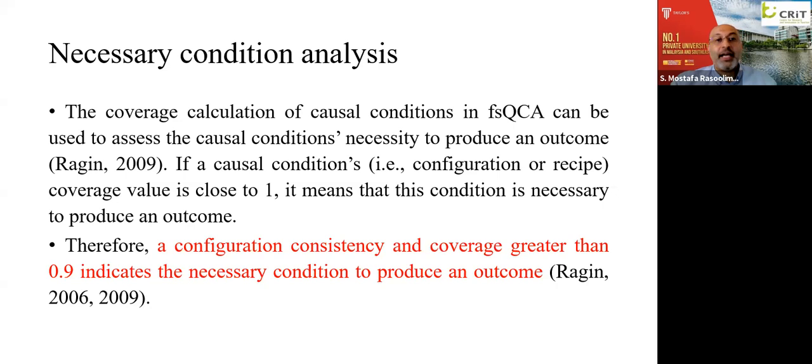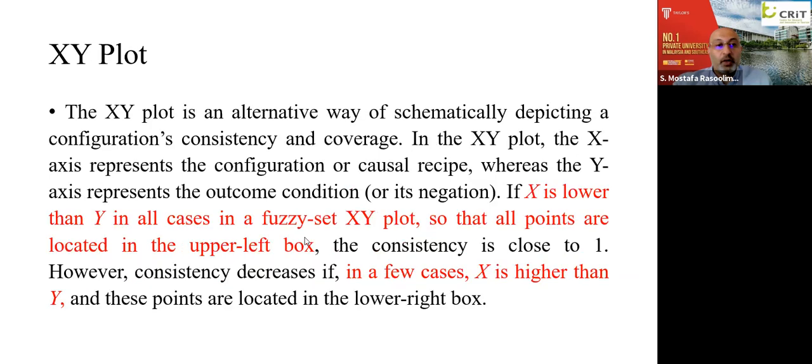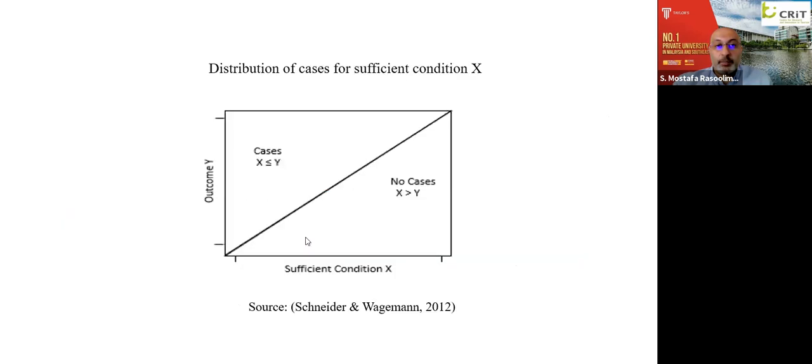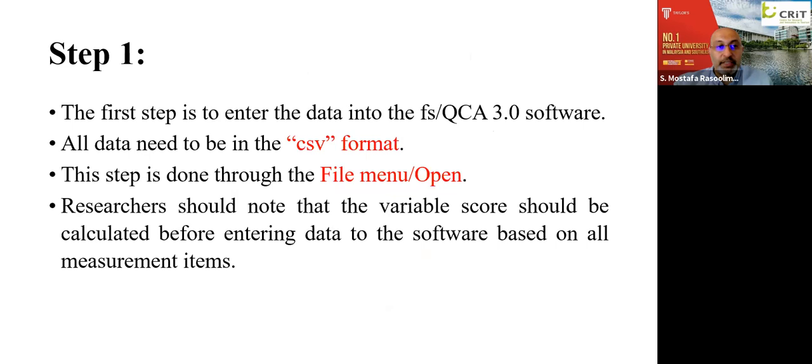For necessary condition analysis, we need both consistency and coverage for a specific condition to be higher than 0.9, and then we consider this a necessary condition, right?